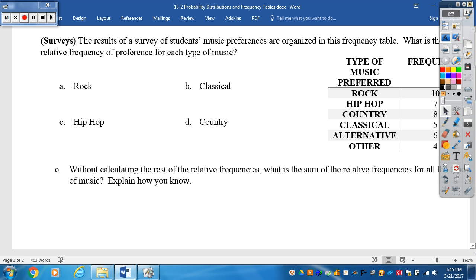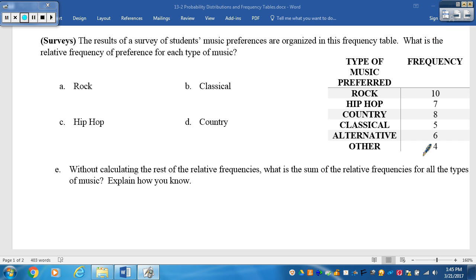In most of these problems, we need to know the total number of people surveyed. If I add these all up, you end up getting a total of 40: 10, 17, 25, 30, plus another 10, 40.